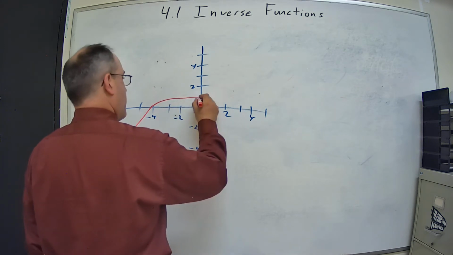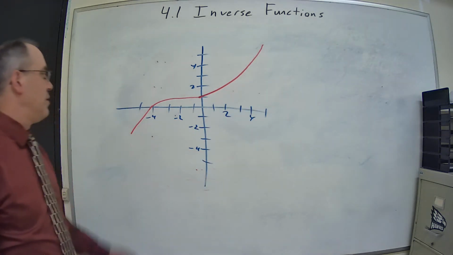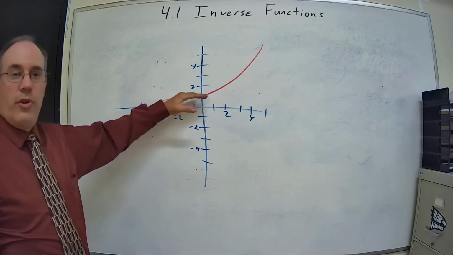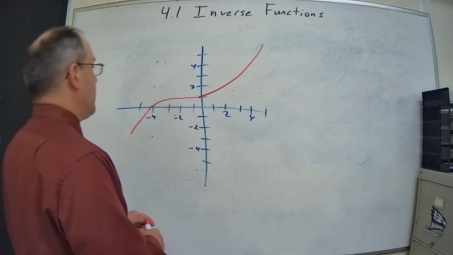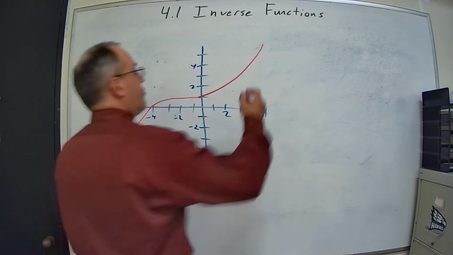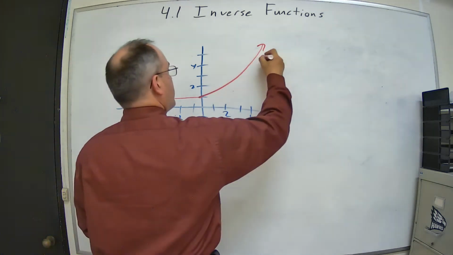I've got to be careful with that because I need to make sure that is never actually horizontal. It's just a really small slope. Okay, so I have this function. How do I find the inverse of that? So let's say I put arrows on there and call this f of x.